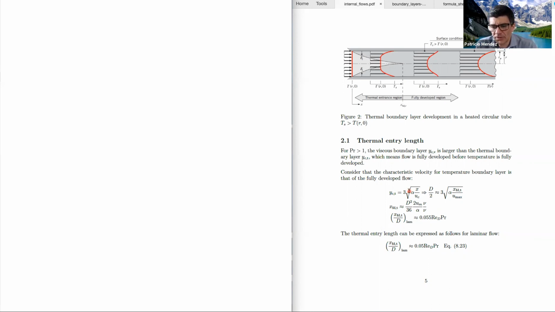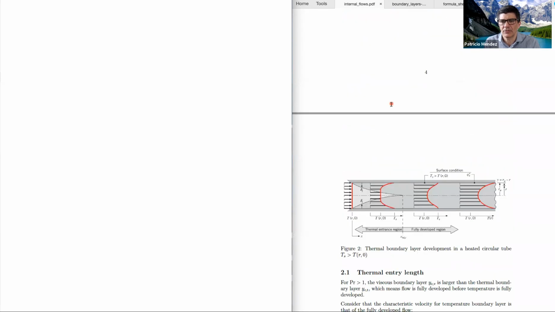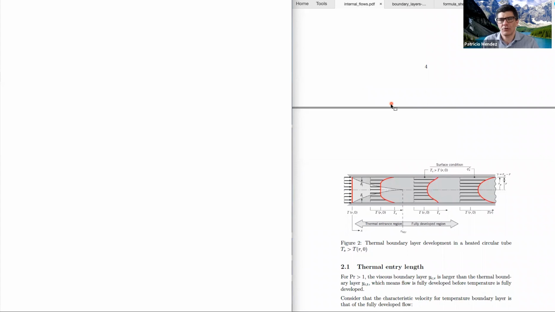There is something interesting here because in this case, the external flow, right? Let's see if I have a better schematic here. No, I don't. Okay. So we said that for oil, water, and air, the viscous boundary layer is thicker than the thermal boundary layer, which means most of the development of the thermal boundary layer is in fully developed flow.